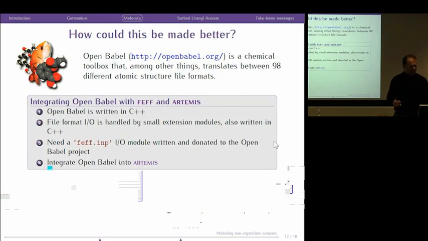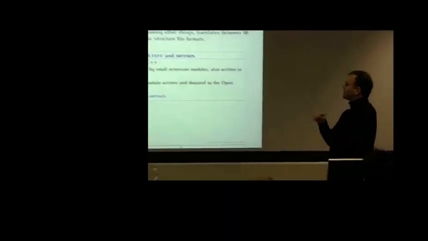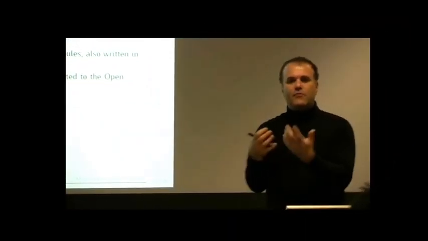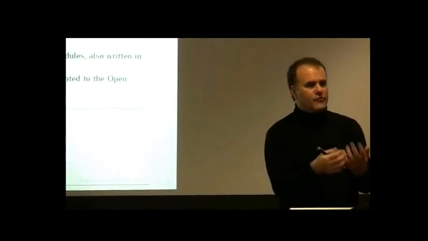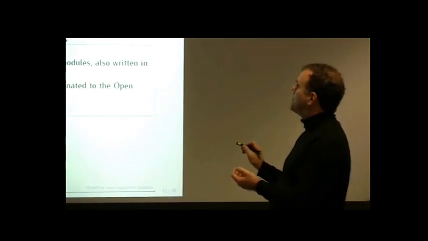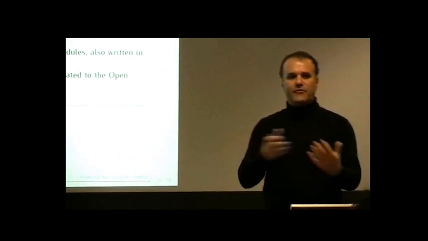So here's a little bit of an ad. There actually is, this could be done a lot better. So there's a ton of programs out there and a ton of different ways of representing structural information for molecules. And there's this interesting tool called OpenBabel that will convert input files for different kinds of programs.